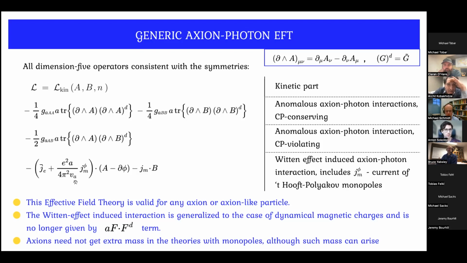In this context, I skipped the part, but we also considered the possibility that these heavy monopoles which we have running in the loop also have chromomagnetic charge. So in principle we considered this, but not this kind of coupling.